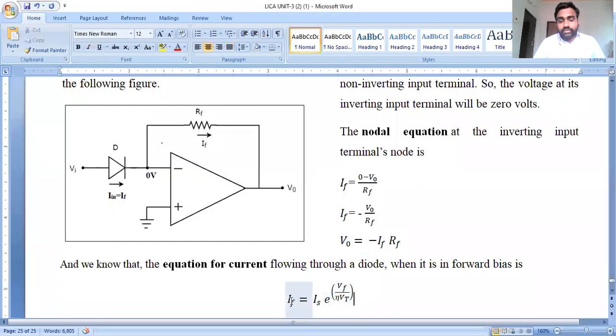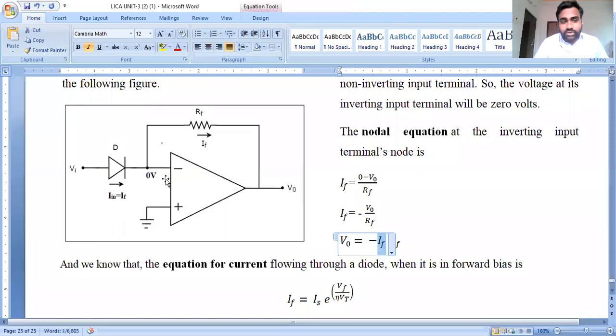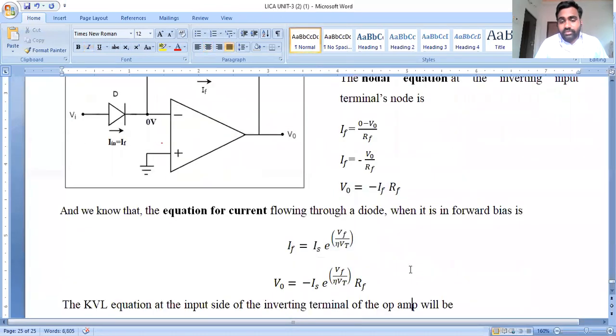We know the expression of diode current. Because the input current is equal to the feedback current, if we substitute the diode current expression in V0, what will be the expression? V0 is equal to minus Is into exponential of Vf divided by eta VT, into Rf.